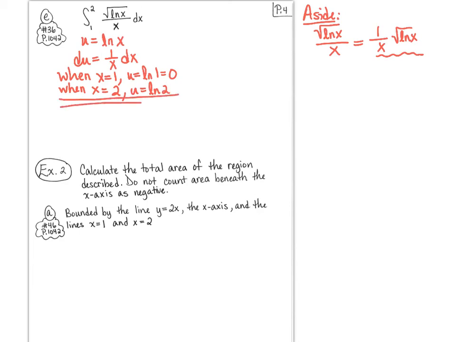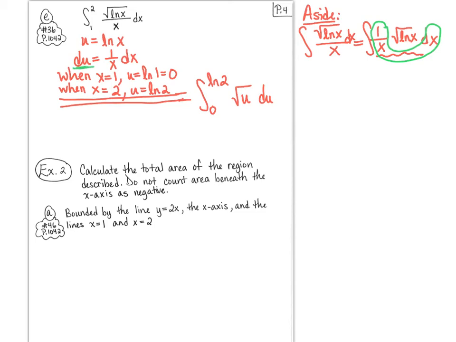Now, using this substitution, our integral becomes the integral from 0 to the natural log of 2 of the square root of u du, right? So note that your 1 over x dx is the same thing as du. Okay? So that's your u substitution.